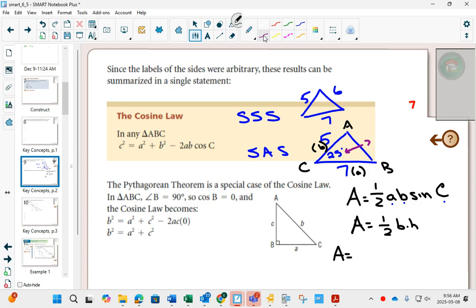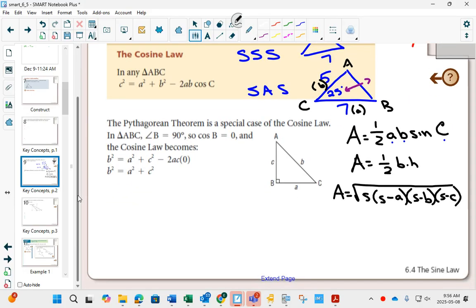And it looks like this. The square root of s times s minus a times s minus b times s minus c, where s is the semi-perimeter of the triangle.